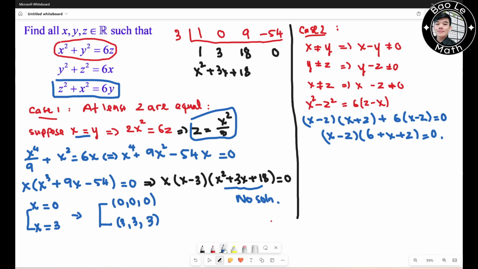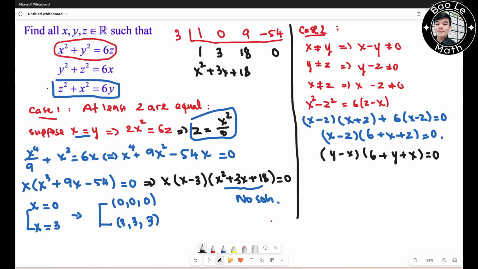Now, if you do the same process, subtract the third one from the second one, you're going to end up with y minus x times 6 plus y plus x equals 0.